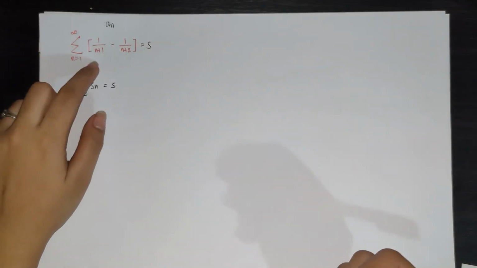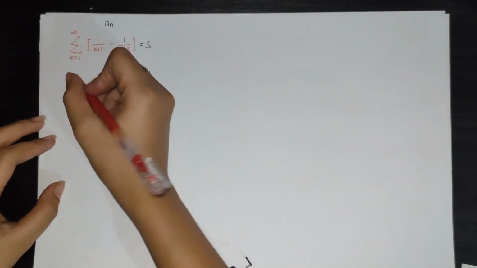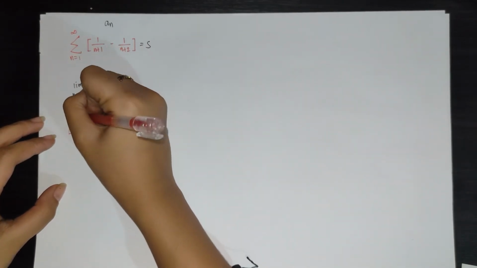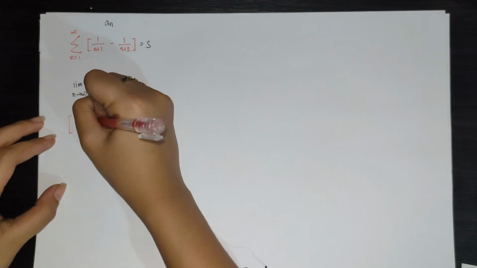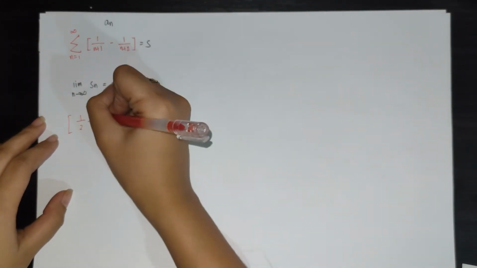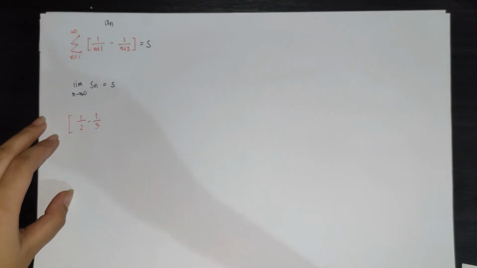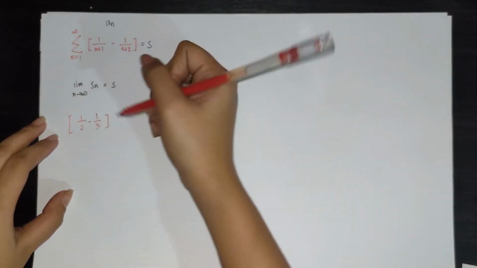Well, let's begin by listing out the terms of the sequence. So, the first term, a sub 1, if we plug in 1 into this expression, n plus 1 is 2, minus n plus 2 is 3. So this entire thing is the first term.